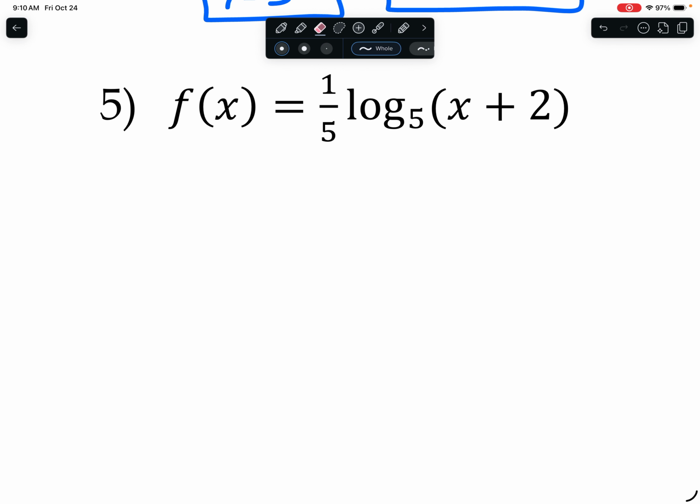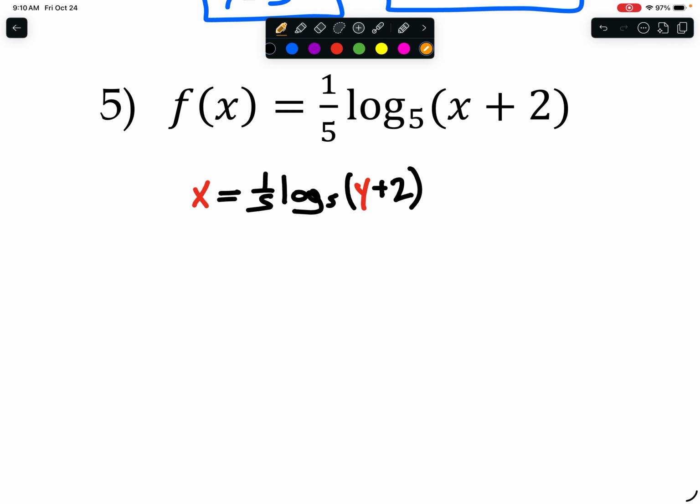So with number 5, same idea. I'm going to do x equals 1/5 log base 5 of y plus 2. And then I'm going to get rid of that 1/5 out in the front, so I'm going to multiply both sides by 5. So that's going to give us 5x equals log base 5 of y plus 2.